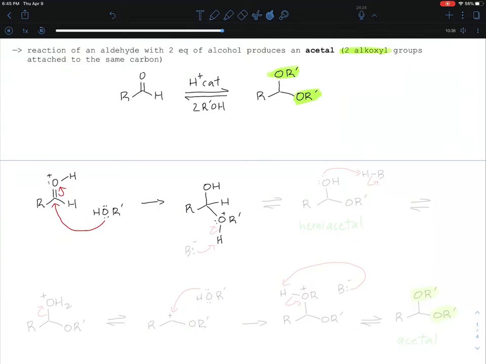So our conjugate base is going to come in, and we're going to take this hydrogen away. Take it off of the oxygen. We're going to dump the electrons onto that oxygen, quench the positive charge, and we get this.